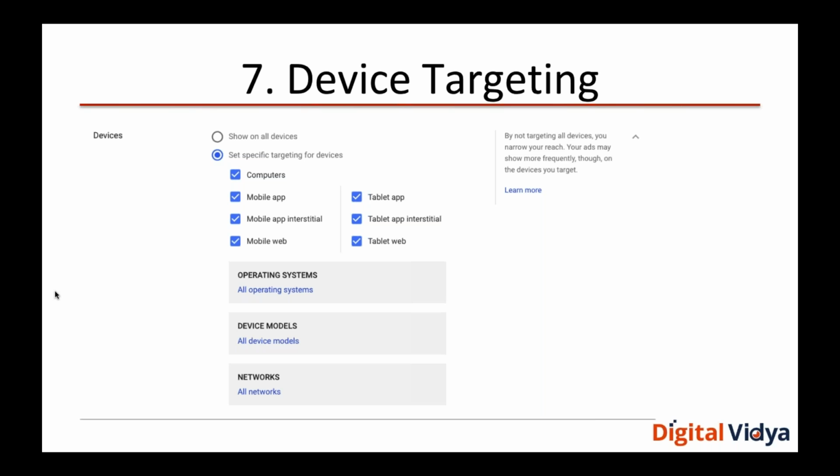That's a possibility. Is it clear? Device targeting. This level of targeting is not available on search network campaigns, right? And this is to help you narrow down your targeting to the most precise group of people.